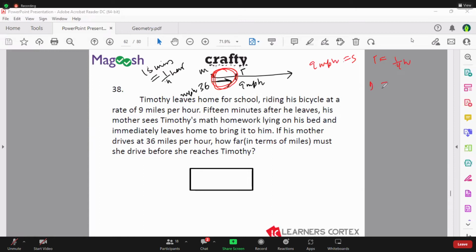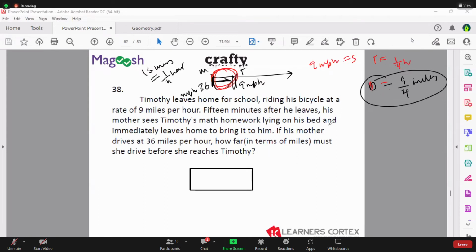So the distance that Timothy covered was 9/4 miles basically. Distance is equal to speed times time. So this is the distance between the mother and Timothy when the mother starts 15 minutes later.